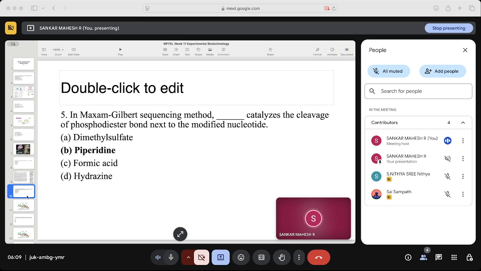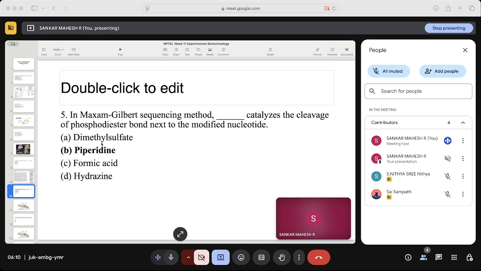A similar question on the same lines. In the Maxam-Gilbert sequencing method, dash catalyzes the cleavage of the phosphodiester bond next to the modified nucleotide. So we earlier mentioned a brief overview about Maxam-Gilbert sequencing, where dimethyl sulfate and hydrazine are used.